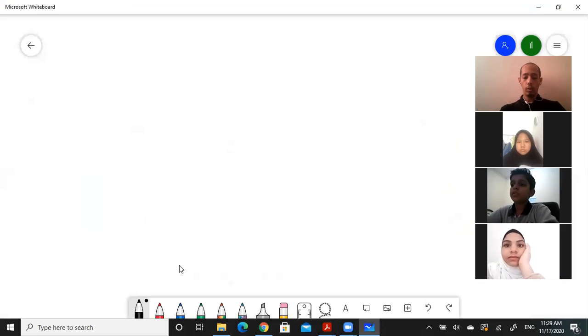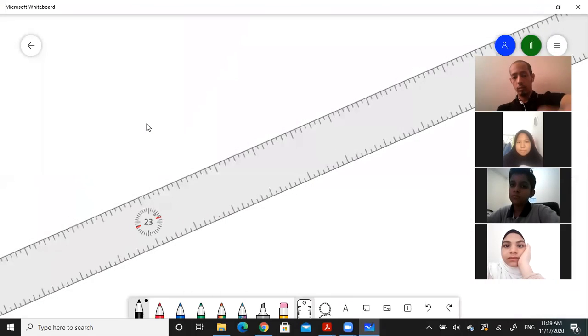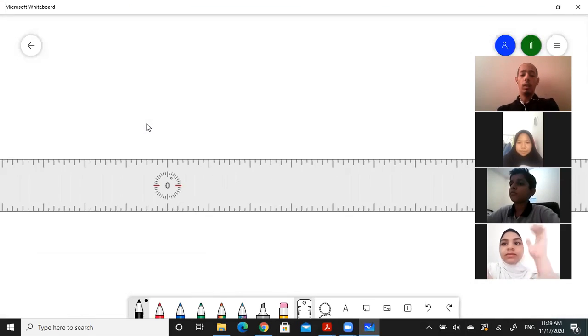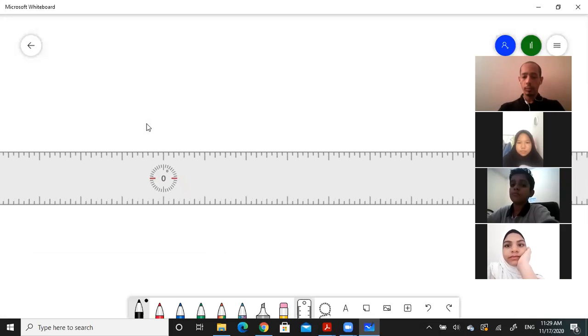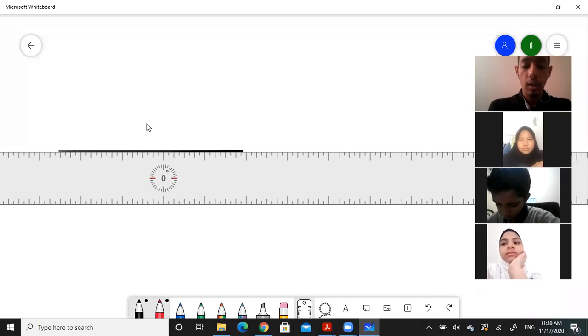For example, do you see this ruler? It is divided in inches, not in centimeters. But anyway, if your line is like this, you cannot specifically decide the length of this line.